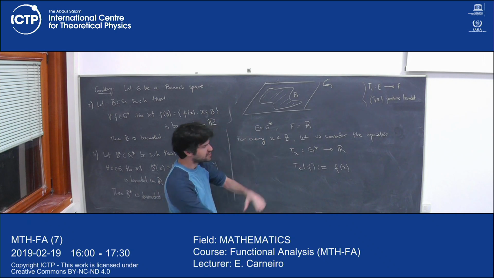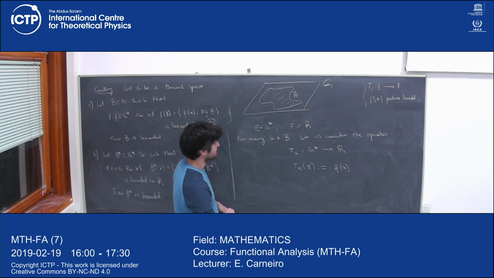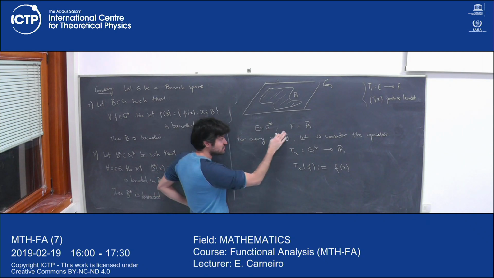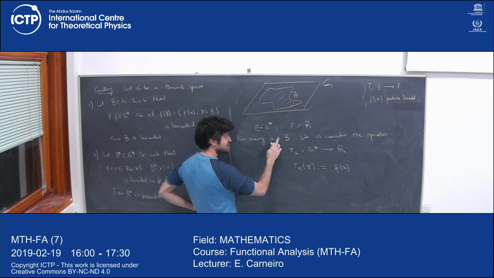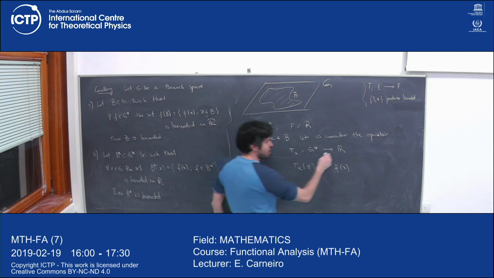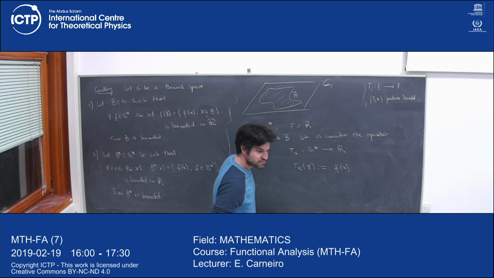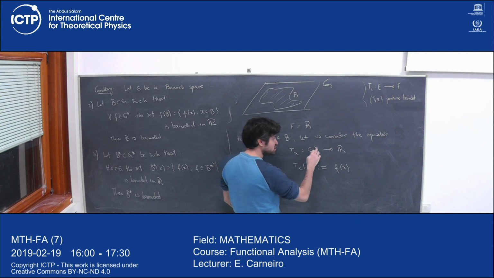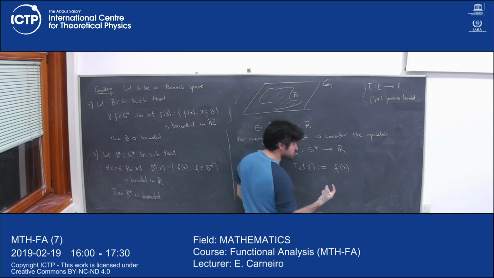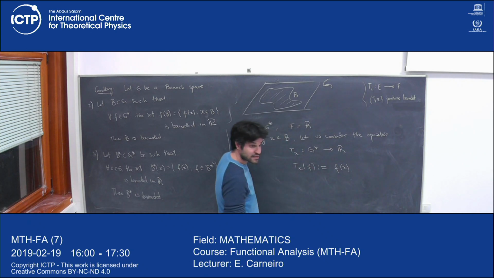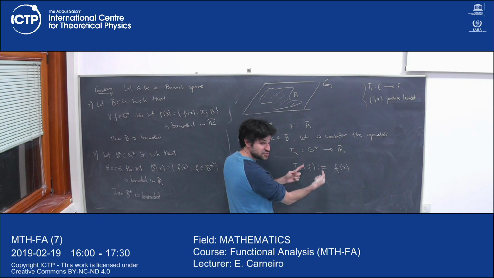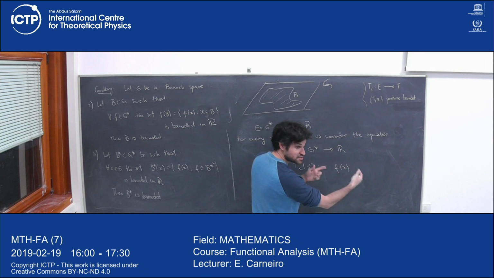So let's take the following set up. As before, my E is going to be G star, the dual space of G. My F is going to be R. For any x in the set B that I'm considering here, I'm going to consider the operator which I call Tx, that goes from G star to R, that takes a function f and sends it to the number f of x. This operator Tx is linear. If I take two functions, f plus g of x is f of x plus g of x.